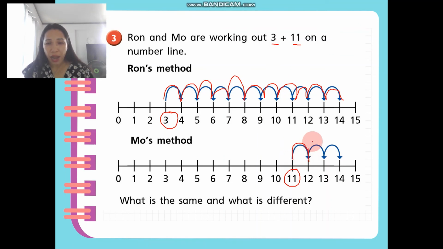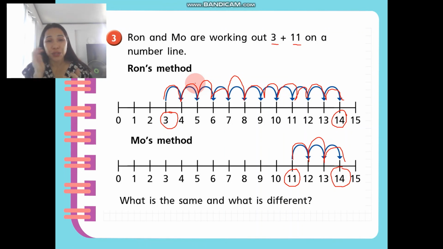So that's 1, 2, 3. Finish. He's done. And they all ended up in the same number, number 14. So what is now the difference between starting from the smaller number or starting from the bigger number?